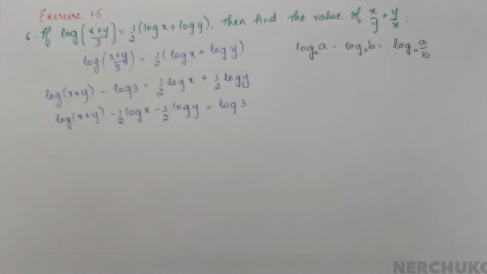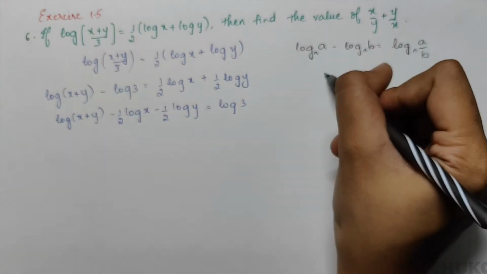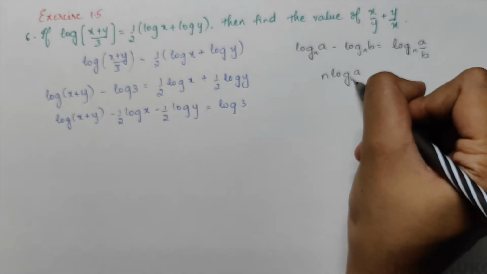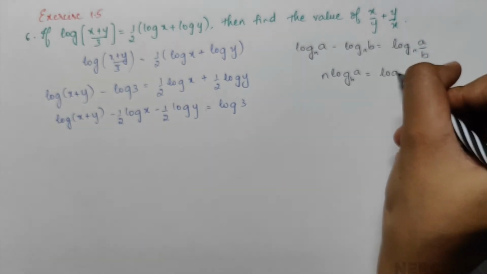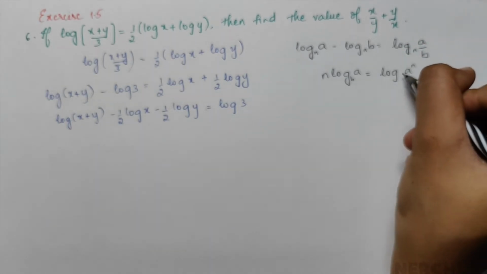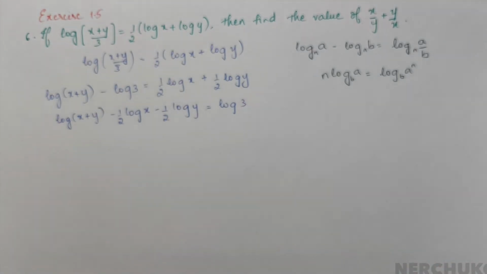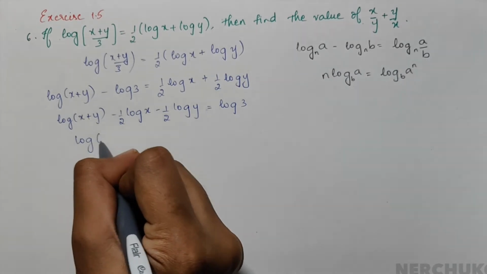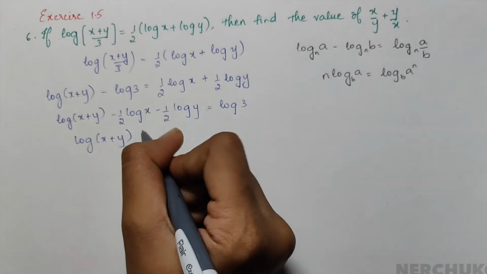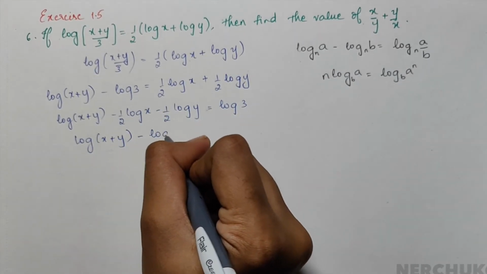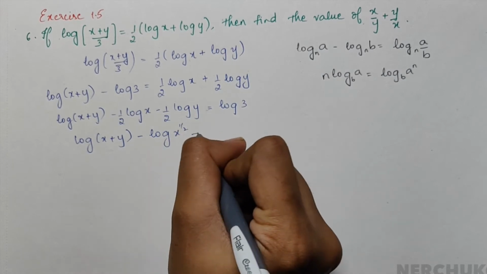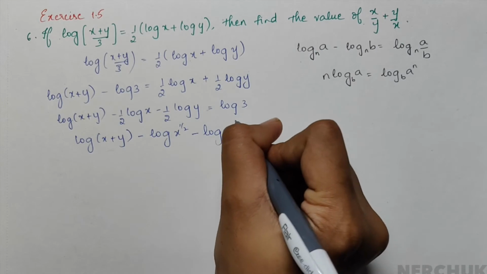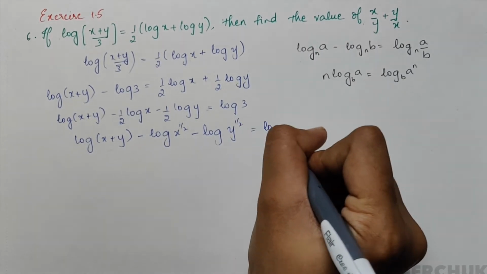Now half log x can be converted using the formula n into log of a to base b is equal to log a to the power of n to base b. So using this formula, I would solve: log of (x plus y) minus log of x to the power of half minus log of, using the same formula again, y to the power of half is equal to log 3.